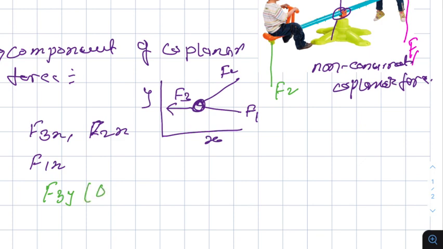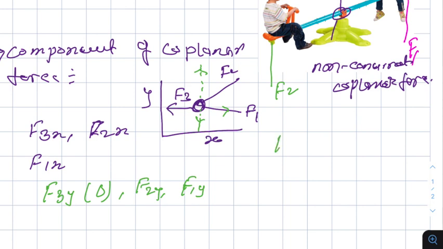Maybe we can make it 0 here. F2 has a y component, right? In this direction, and F1 also has a y component acting in this direction. So F2y, F1y.